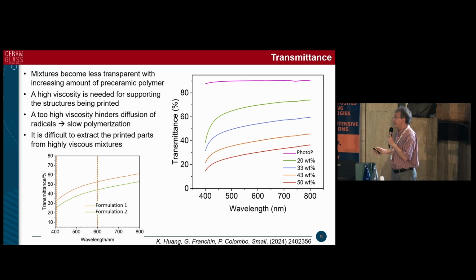And then, of course, if you increase the content of silicone, then you will have less organics to burn out, and you would have a higher ceramic yield. So ideally, you would like to work with high compositions, but then you have to deal with the transmittance. The higher content systems have a low transmittance, but we have some viable formulations that we can print.